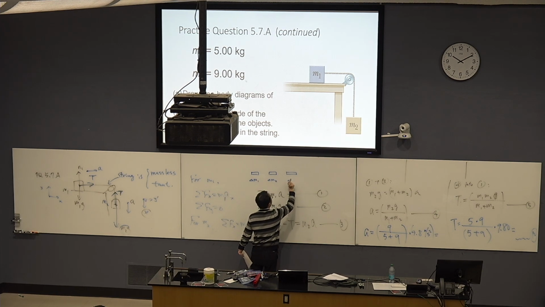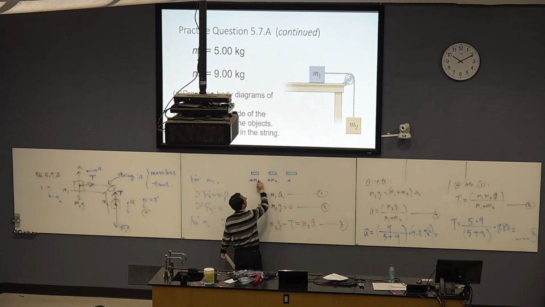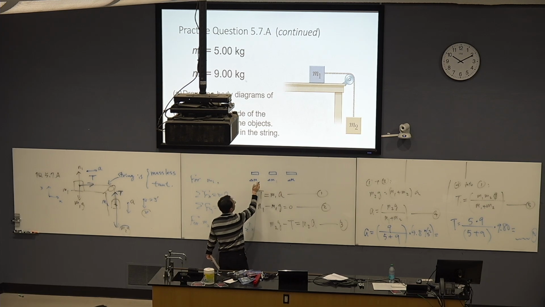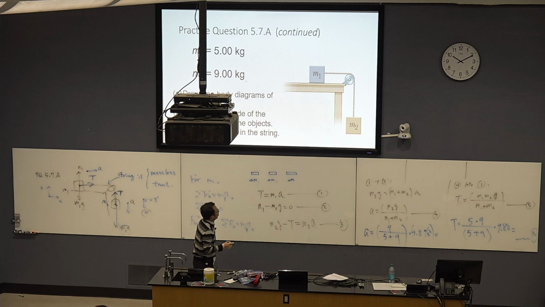But let's consider each piece to be of the same little mass, so let's just call it delta M. If the string is massive and you want to accelerate it, there must be a net force exerted on each segment of string.